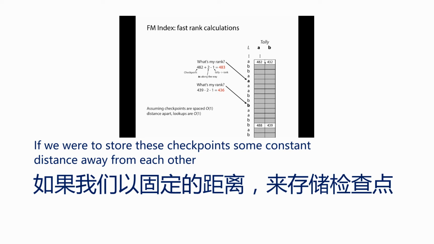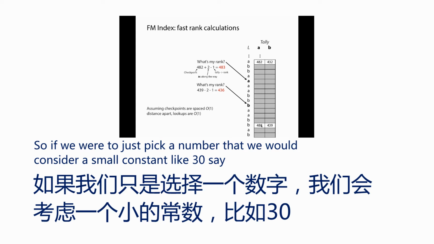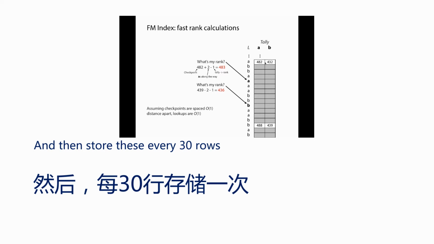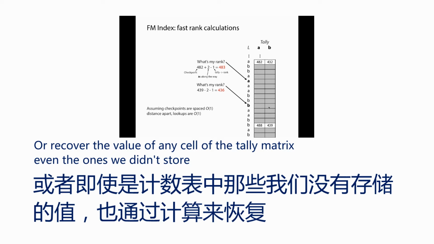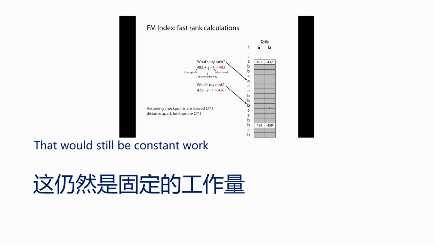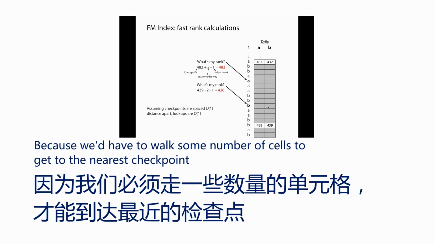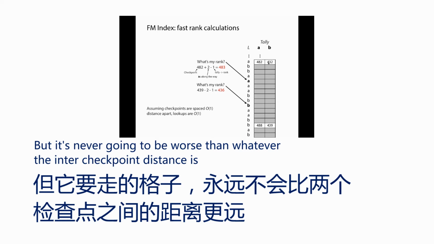If we were to store these checkpoints some constant distance away from each other, so if we were to just pick a number that we would consider a small constant, like 30, say, and then store these every 30 rows, then the amount of work that we have to do to recover the rank of any character or recover the value of any cell of the tally matrix, even the ones we didn't store, that would still be constant work, because we'd have to walk some number of cells to get to the nearest checkpoint, but it's never going to be worse than whatever the inter-checkpoint distance is.